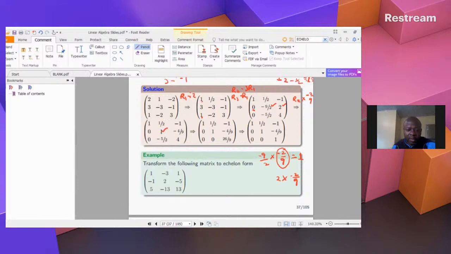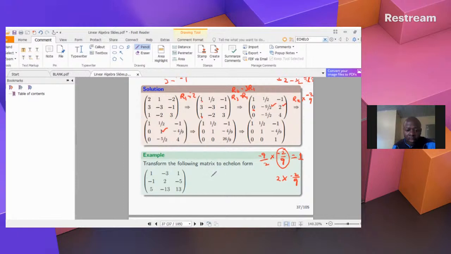Now, once I have this leading one, I want to use it to create zeros below it. I don't want to affect the elements above it. I just want to use this one to create zeros below it. And that's what I did. So how do I get a 0 here? I'm using this 1 and this negative 5 out of 2.